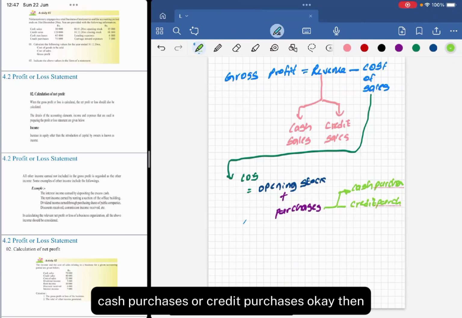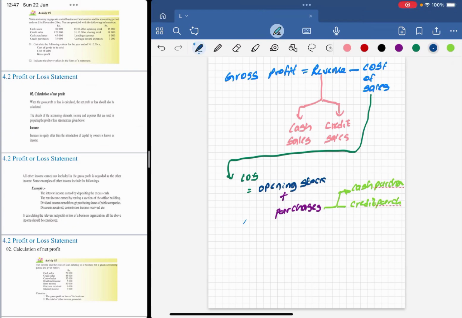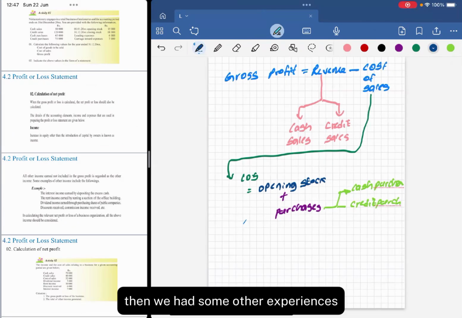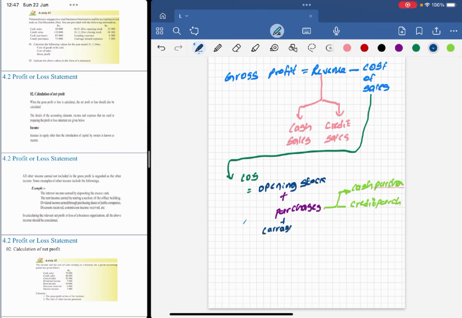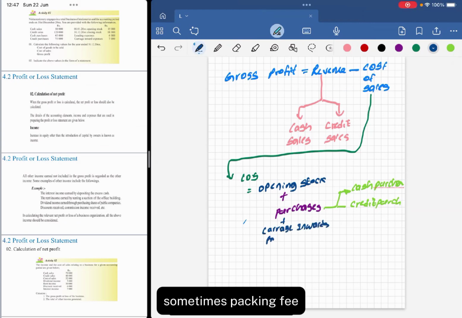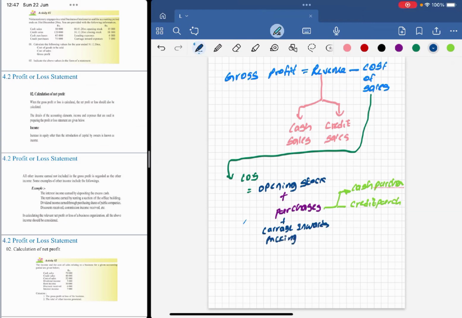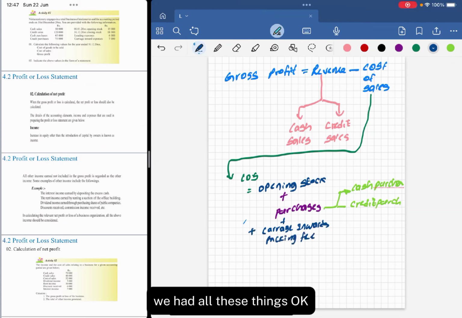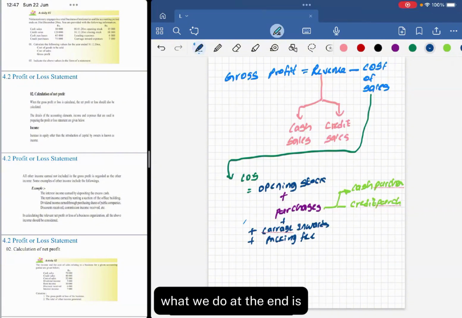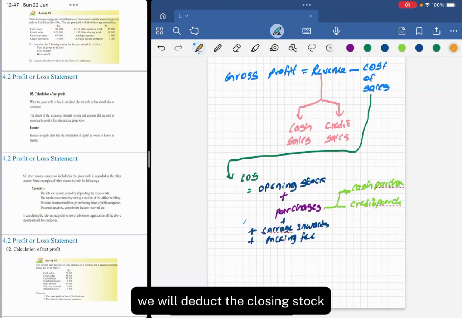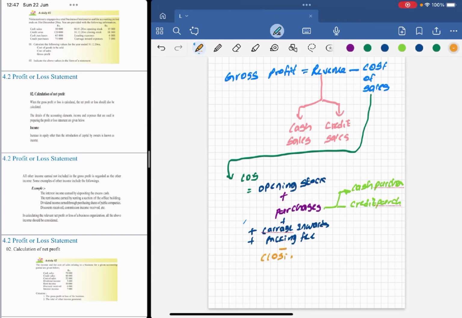Then we had some other expenses like carriage inwards, and sometimes packing fee. We had all these things. Out of this, what we do at the end is deduct the closing stock.